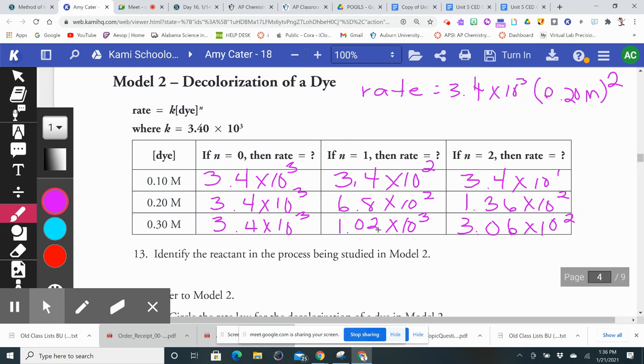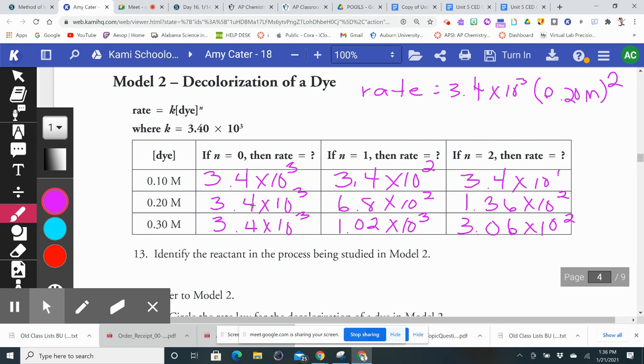This one is not going to quite double because you haven't doubled the previous concentration. So it's just going to be 0.2, or wait a minute, did I multiply that by the wrong number? I think I made it 0.3 times 3.4 times 10 to the third power. Yeah, that's right: 1.02 times 10 to the third power.